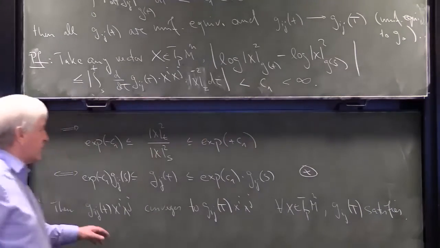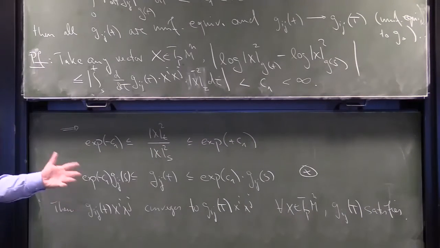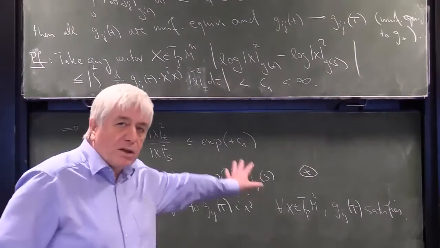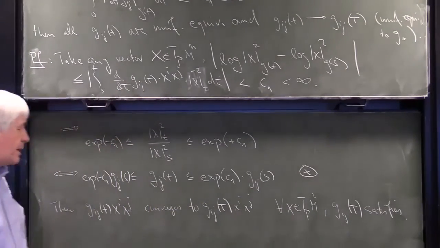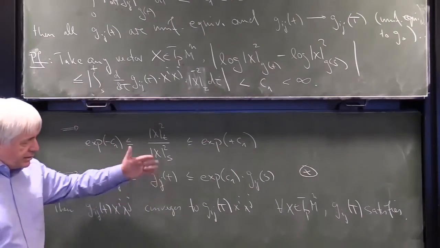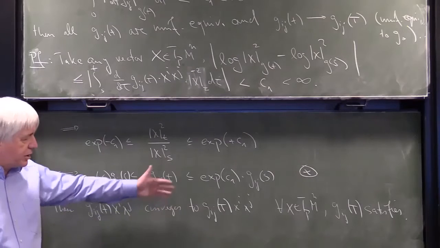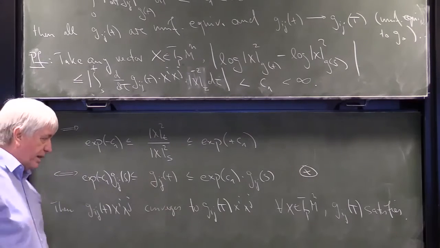In other words, gij is a quadratic form that converges because of this estimate. But if it converges as a quadratic form, then by polarization, it also converges as a bilinear form.